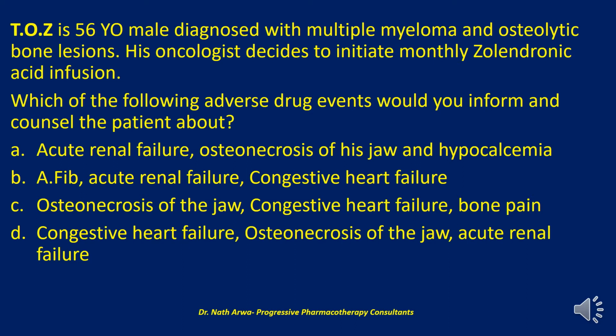Would it be about acute renal failure, osteonecrosis of his jaw, and hypocalcemia? Or would you warn him about an impending AFib, acute renal failure, and congestive heart failure? Or would it be osteonecrosis of the jaw, congestive heart failure, and bone pain? Or would it be congestive heart failure, osteonecrosis of the jaw, and acute renal failure? I'll give you 10 seconds to choose the correct answer from that list.